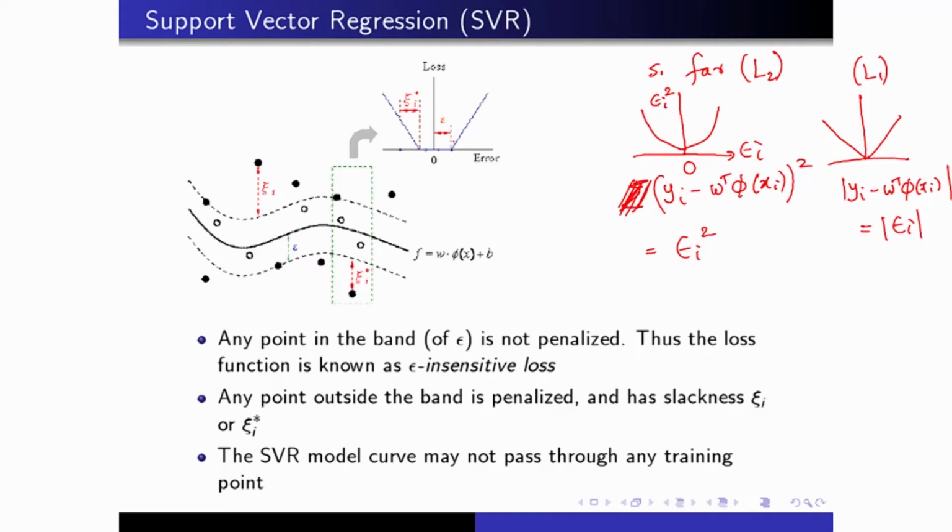What we consider in support vector regression is a slightly different model of error, where the error is left 0 within an epsilon band. It increases linearly after the epsilon band, or it could even increase quadratically after the epsilon band.